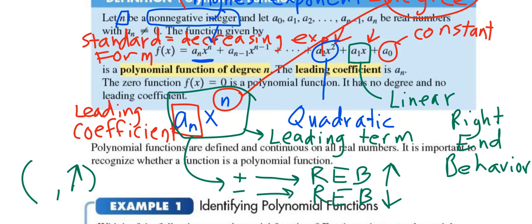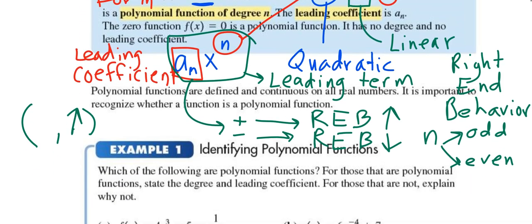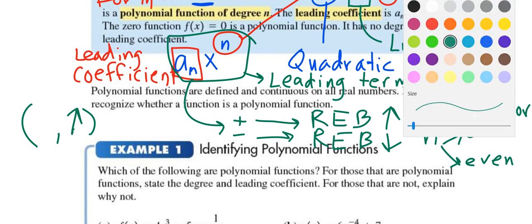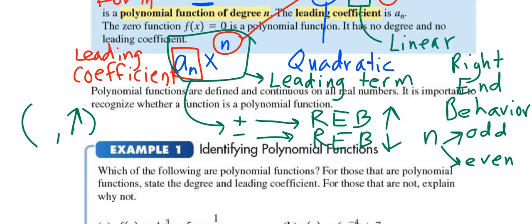And then we would look at the degree, okay? And the degree would be split into two parts. It's either odd or it's even. If it was odd, what did that tell you about the left end behavior? It would tell you that it was opposite.